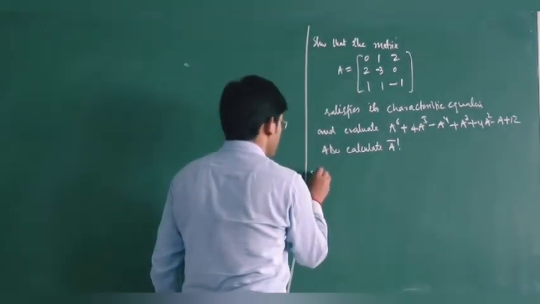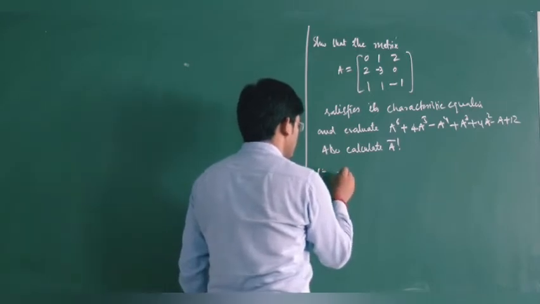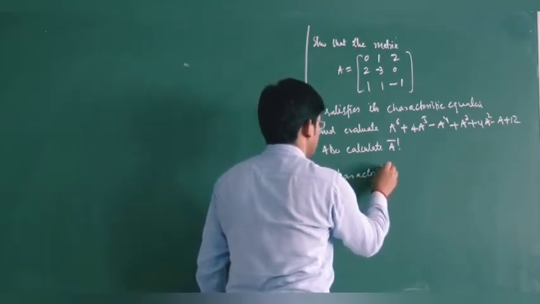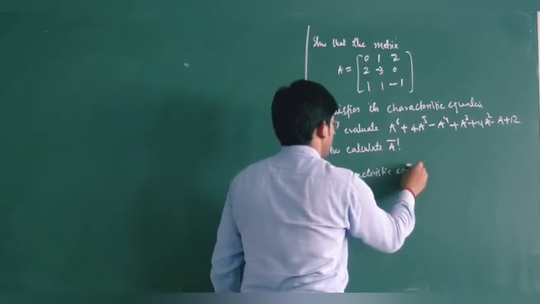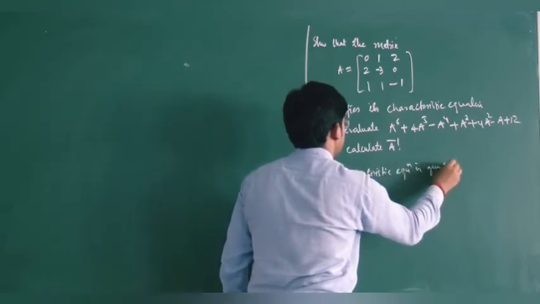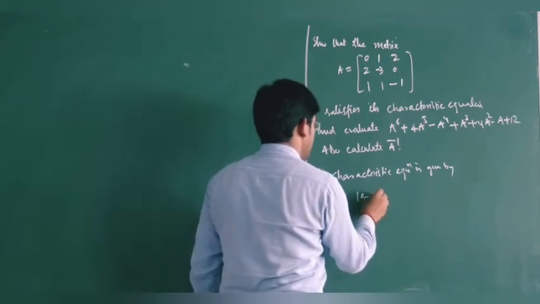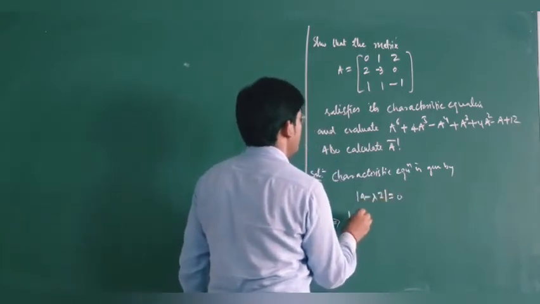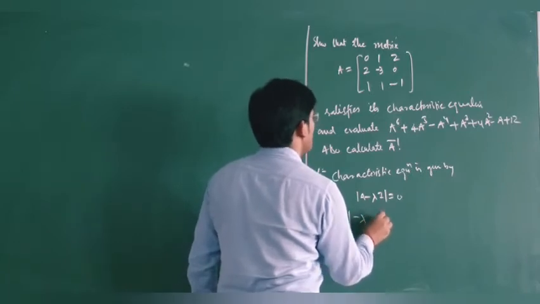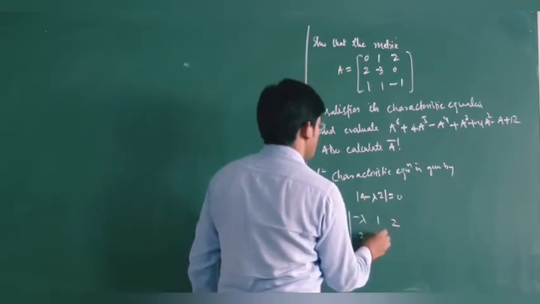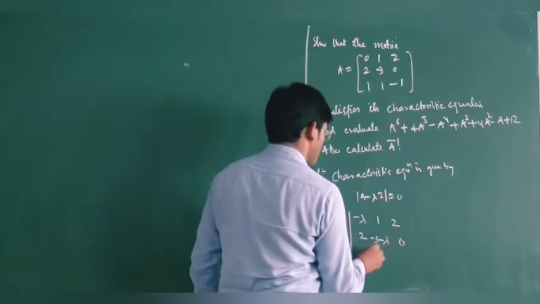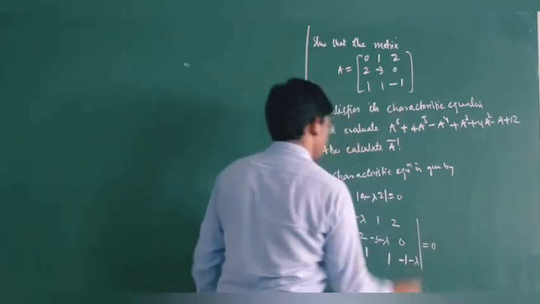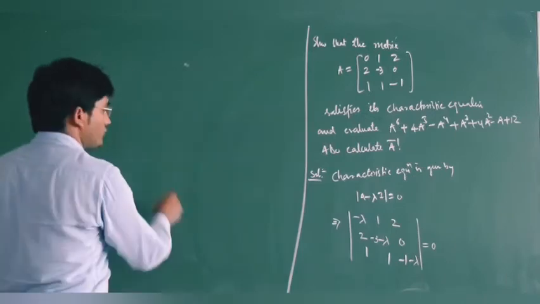So solution, your characteristic equation is given by determinant of A minus lambda I equal to 0. So from here we have minus lambda, 1, 2, 2, minus 3 minus lambda, 0, 1, 1, minus 1 minus lambda equal to 0. So let us solve this determinant.